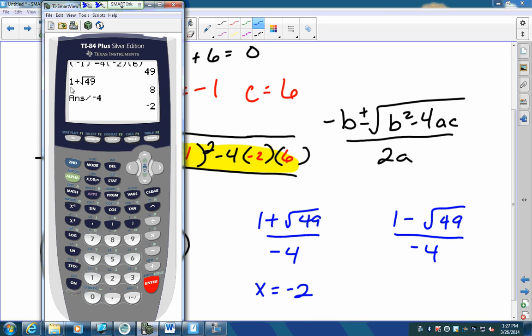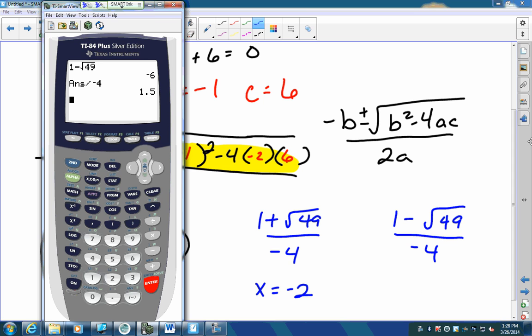Look, did you do the plus or the minus? Oh, good, great point. A lot of the mistakes come from you put in there like 1 and then square root 49. Okay, be careful. Don't do that. It's got to have the plus and the minus. So now the next one is 1 minus the square root of 49, enter, then divide by negative 4.